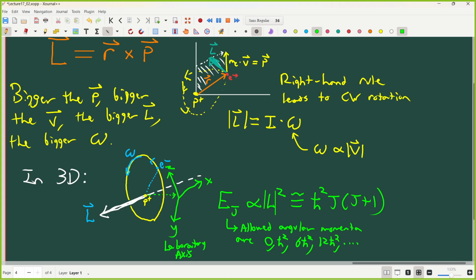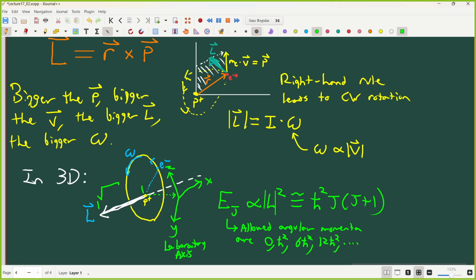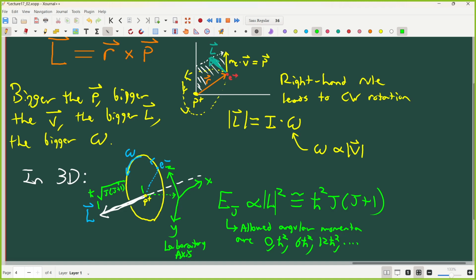That tells you the length of this vector. The length of this vector is h bar times the square root of j(j plus 1). We just take the L squared and take the square root of L squared.